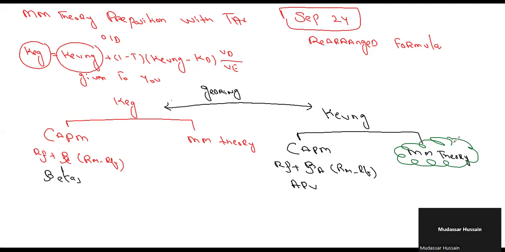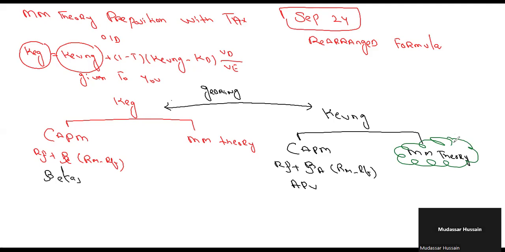Most of the time, the students were saying, sir, solving this ungeared cost of equity equation with the MM theory proposition on the spreadsheet is very problematic.